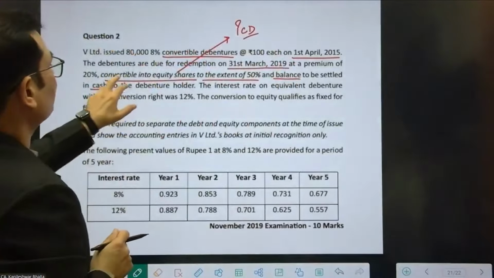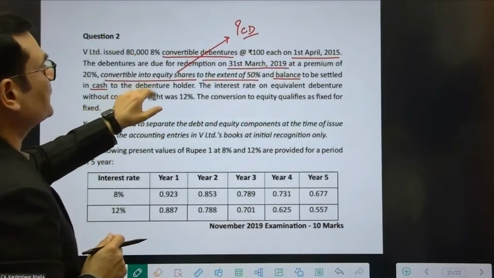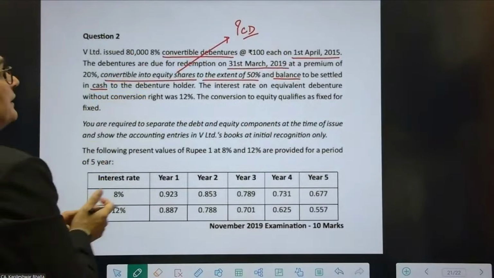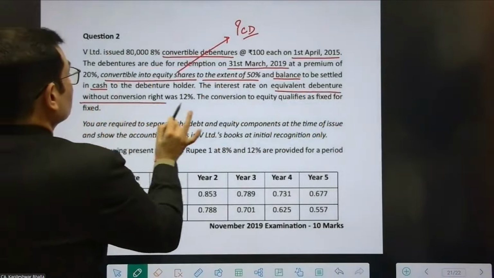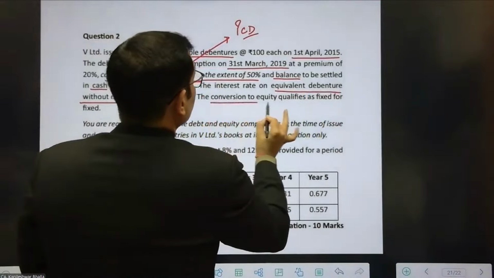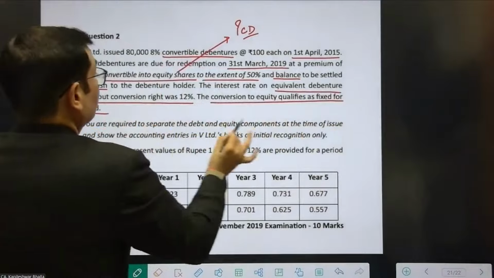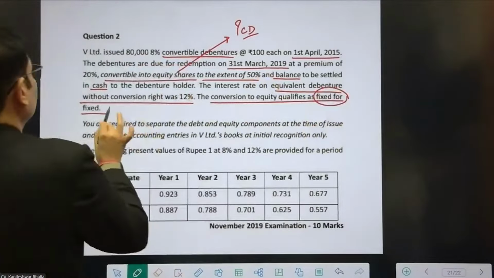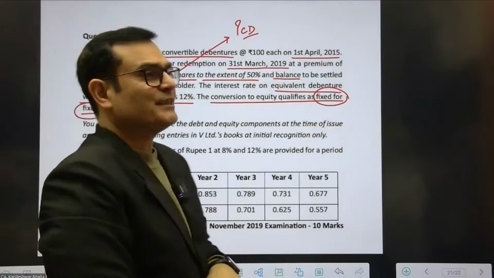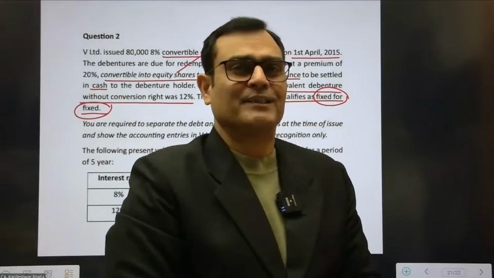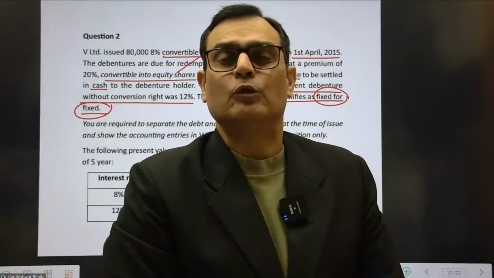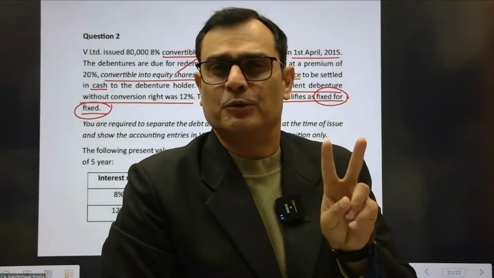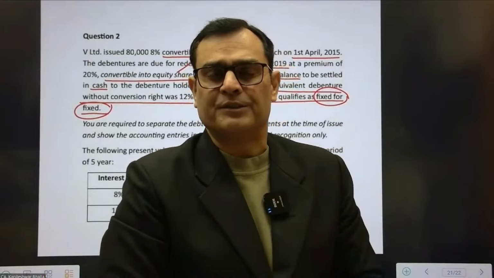So it says 50% is convertible in shares and the balance is in cash. The interest rate on the equivalent debenture without a conversion is 12%. The conversion to equity shares qualifies fixed for fixed. So can I say the option is being called as equity? Will you segregate two elements or three elements?